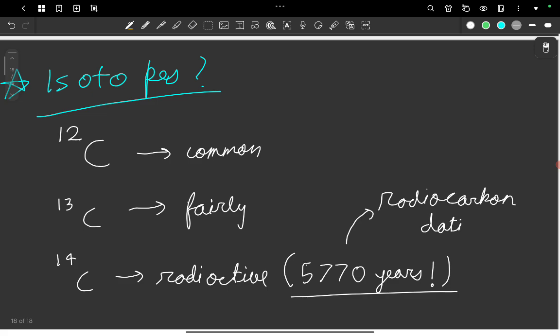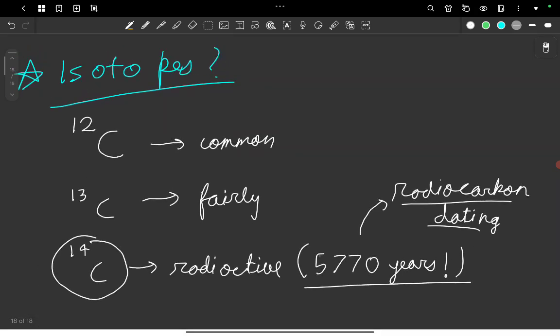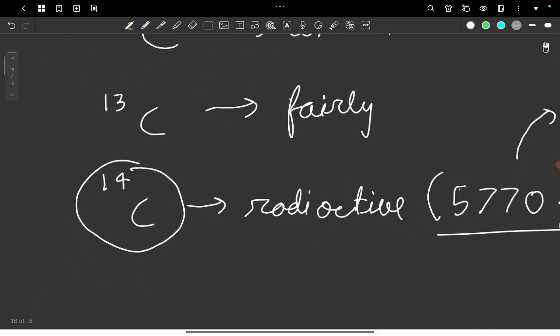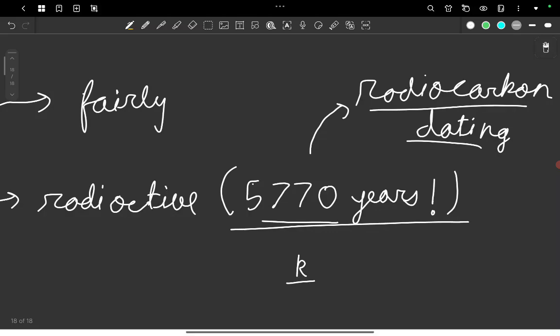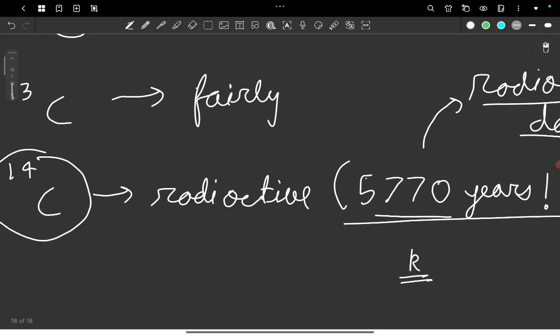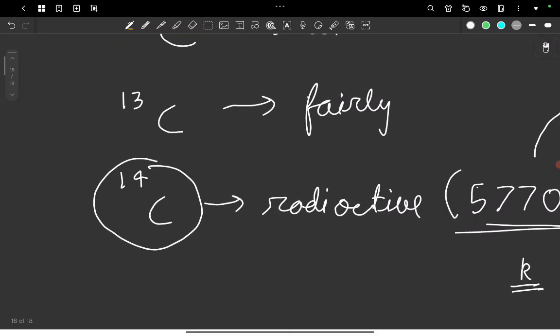Now, what does radiocarbon dating mean? It does not mean dating a carbon which is radioactive. Radiocarbon dating means using the half-life. So basically you know the rate constant, as you must have read in chemical kinetics, and using that rate constant you can estimate the number of nucleons of carbon-14 which have decayed over time.